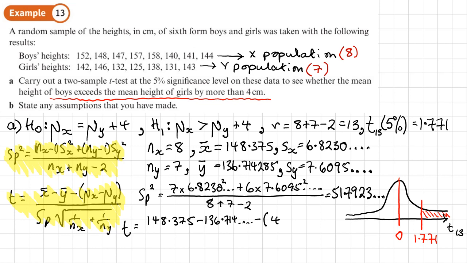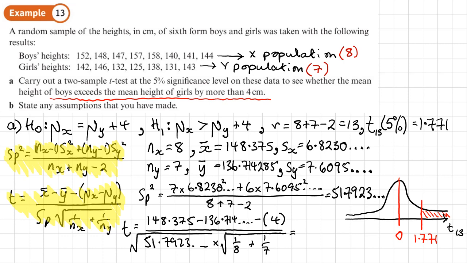So just minus 4, and then all divided by the square root of this, which gives me my pooled standard deviation, so 51.7923 square rooted, and times by the square root of 1 over 8 plus 1 over 7, and that gives me 2.0567.